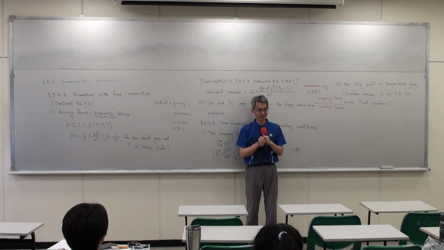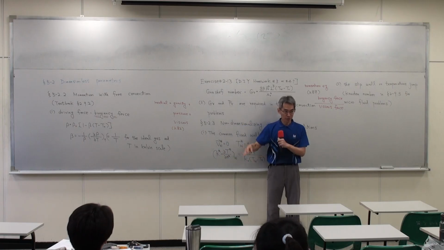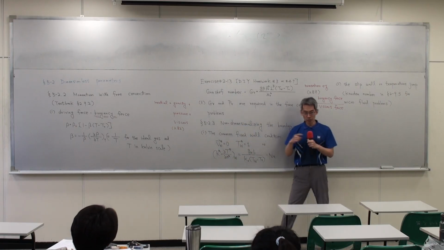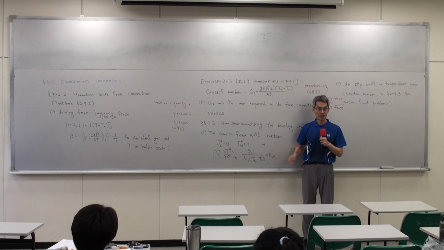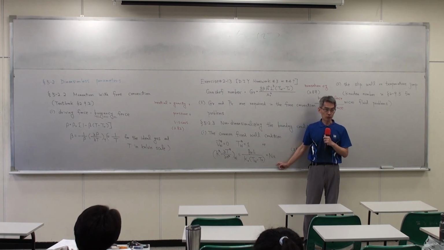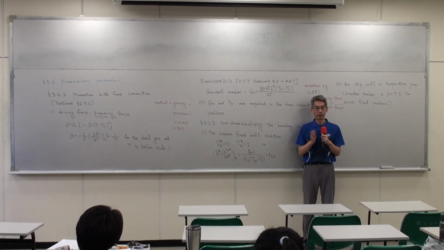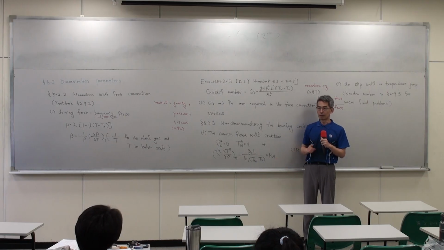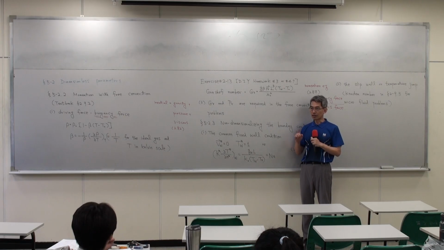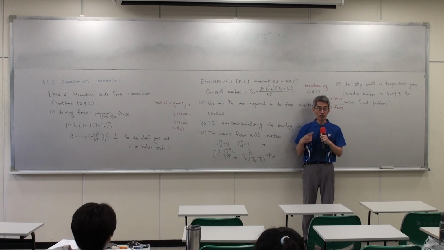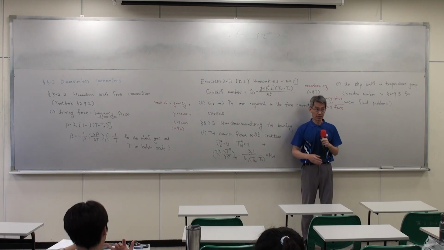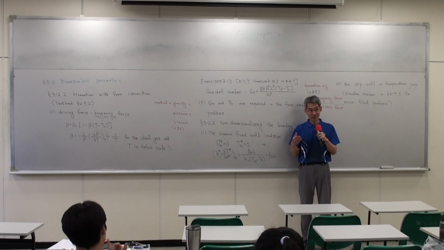As long as you're moving, convection is faster, and the Nusselt number becomes higher. You can also compare natural convection and forced convection. Usually the forced convection Nusselt number is much higher than natural convection.